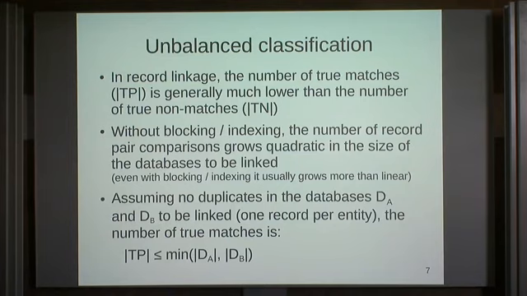So the number of true positives is generally much, much smaller than the number of true negatives. And we can actually estimate the number of true positives if we assume that the 2 databases don't contain duplicates. If each database has 1 record per entity, then the number of true matches has to be smaller than the size of the smaller database. If I have a million records here and 500,000 here, then I can only get 500,000 true matches maximum if there's no duplicate. So that would be a 1-to-1 match.